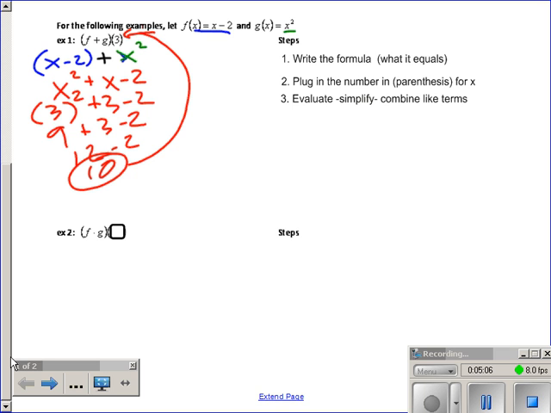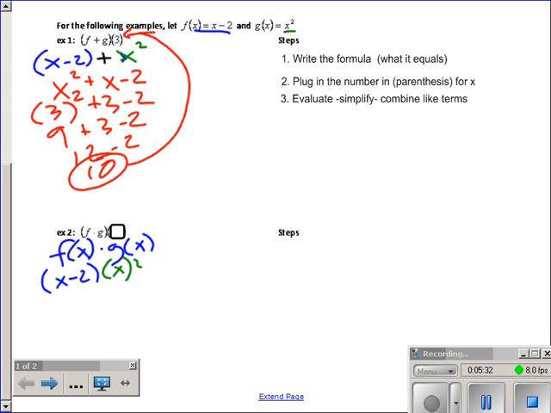Let's try one more. This one says f times g. So again, that means that we're doing f of x times g of x. Well, in our example, f of x is still x minus 2, and g of x is still x squared.